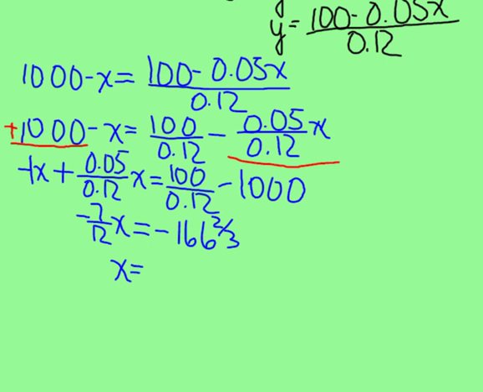So now I'm going to solve for x. And this -166 2/3 on my calculator, I'm going to be working with that and the -7/12. The -7/12 is attached to the x by a multiplication. So I'm going to be dividing by -7/12. Remember, do not change the sign of anything.